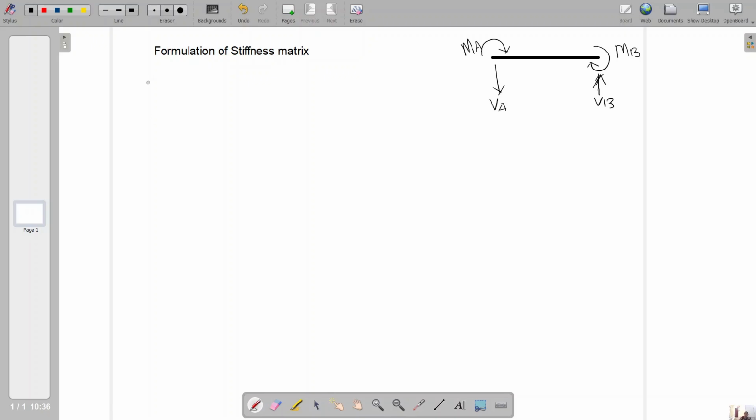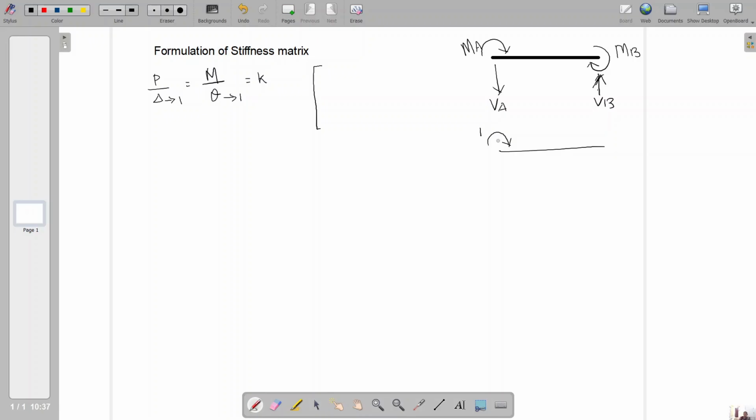Actually, the stiffness matrix is basically defined by load per unit deflection where delta equal to 1, or in beam-like cases, moment per unit rotation where theta equal to 1, which is defined as stiffness. And if you want to formulate the stiffness matrix for these coordinates, you have to first of all mark the coordinate orders.